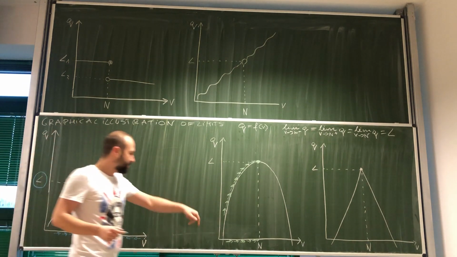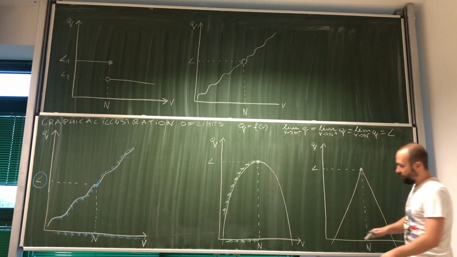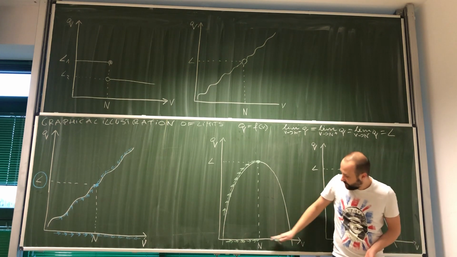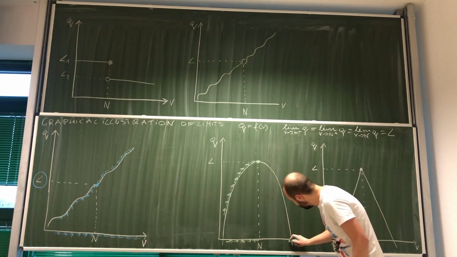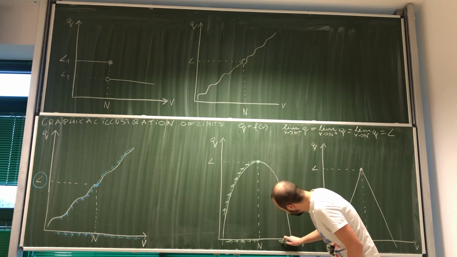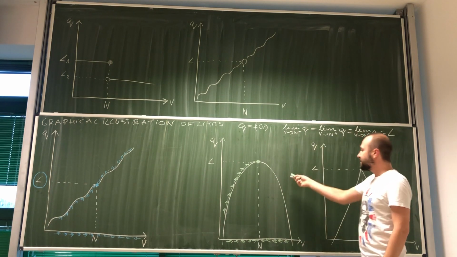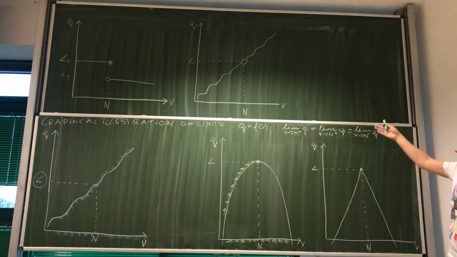Now, if I'm going to move on v, so on our argument, from the right side to n, we are starting with bigger values, but we are moving closer and closer to n. What is happening to the values of the function?